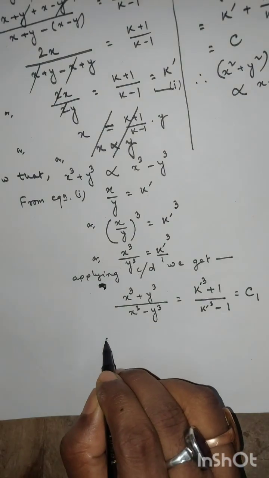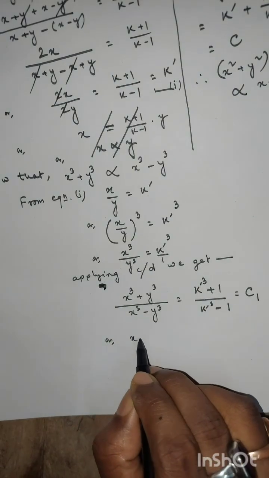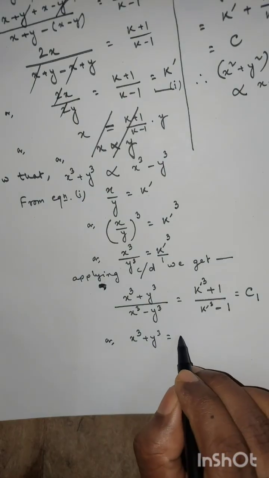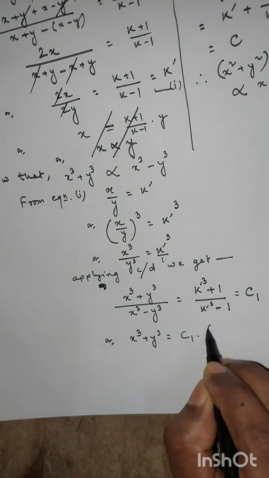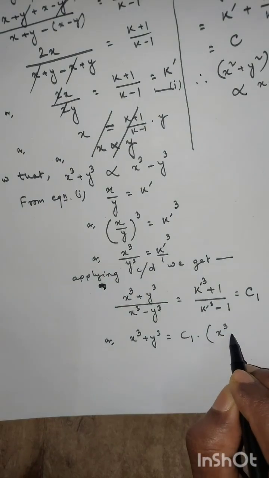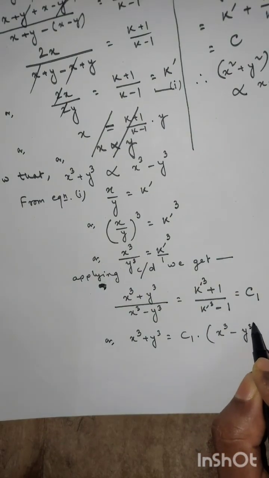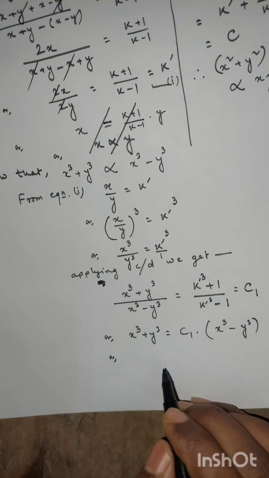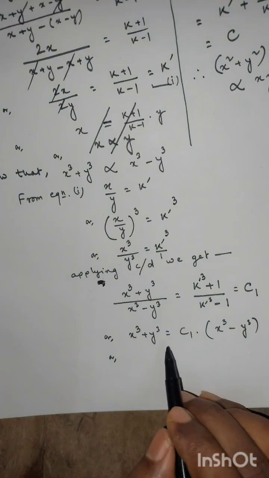Or we can say x cube plus y cube equal to C1 into x cube minus y cube.